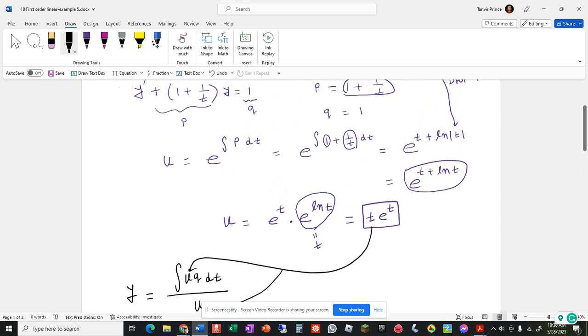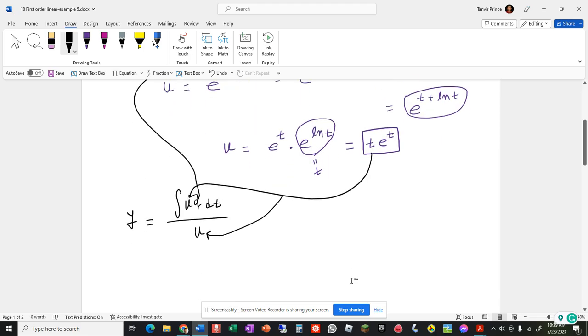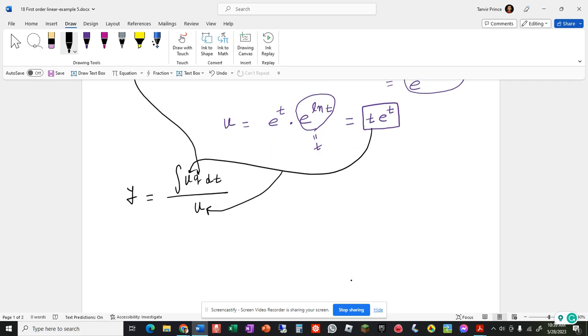So it's the integral of u, which is t e to the t, times q, which is 1, dt, divided by u.